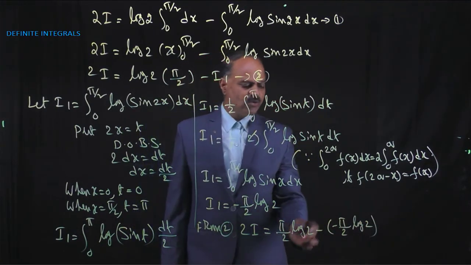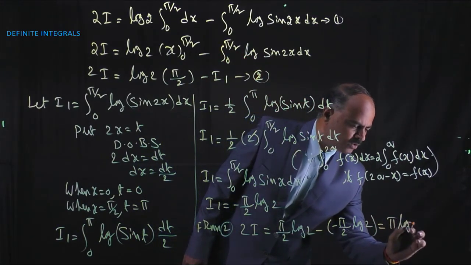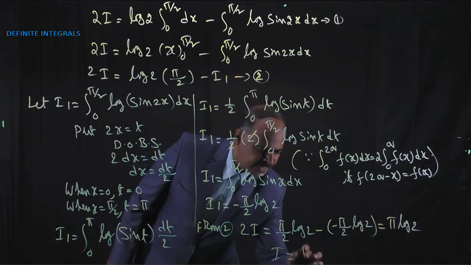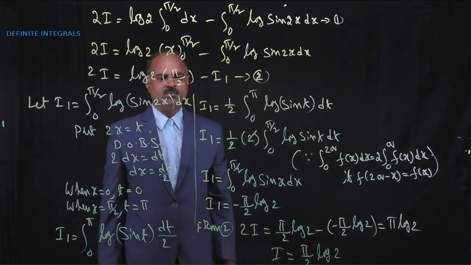Here pi by 2 log 2 plus pi by 2 log 2 equals pi log 2. So therefore I equals pi by 2 log 2.